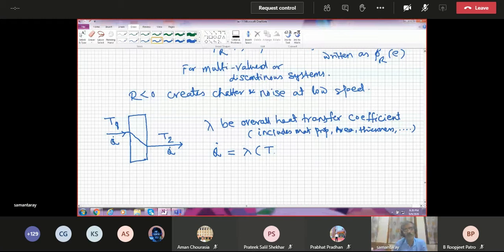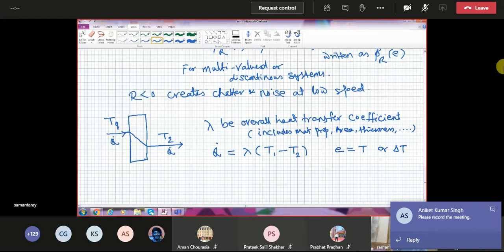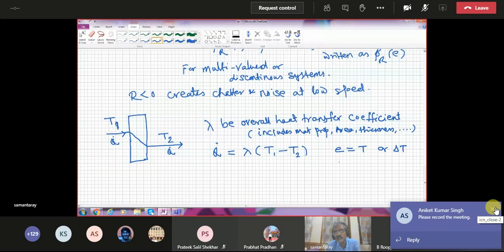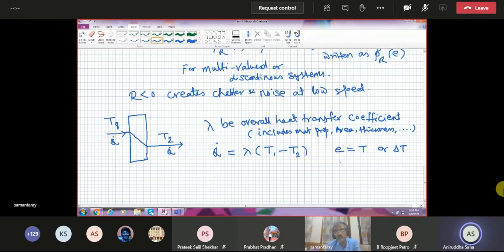Note that effort is T or delta T. Both are effort variables. But sir, in the previous case, for the valve, we had taken effort is equal to F square by some constant. Yes. So it can be. It is not always the one function. So how is it invertible? I mean, it has two branches like an upward parabola.